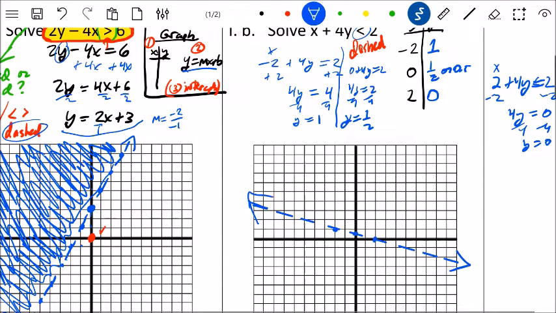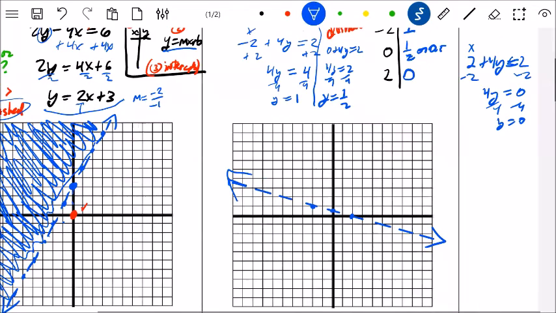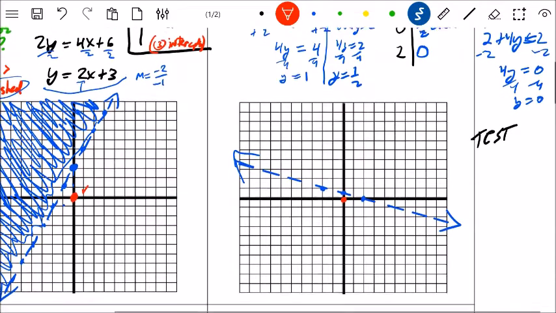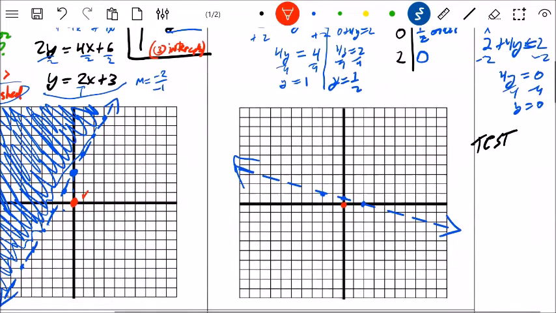Now we have to test an area. Okay, so I'll take some space over here and I'll test. Now 0, 0 is here. It looks like it's below it, so it's perfectly fine to use it, and it is easier to use. I think I'm going to choose a different one here.